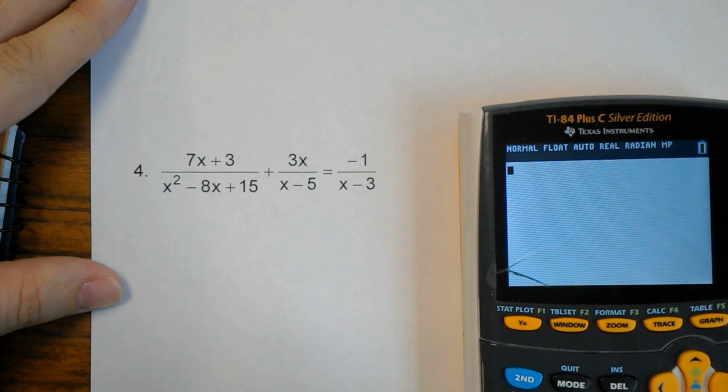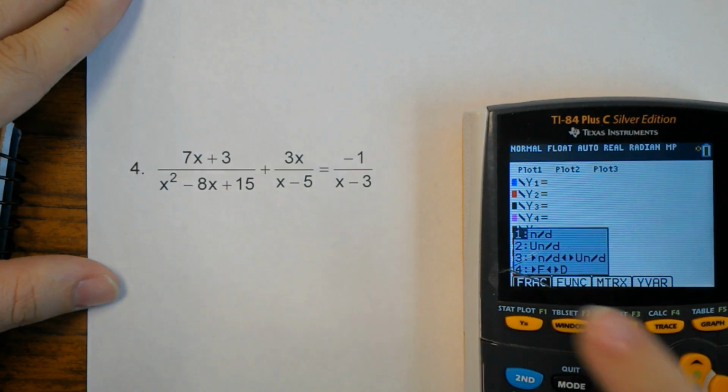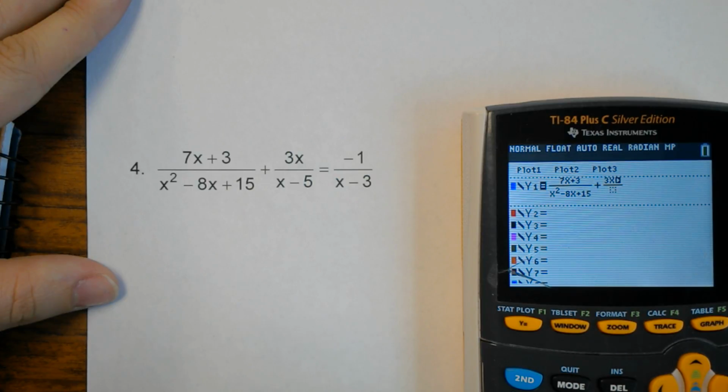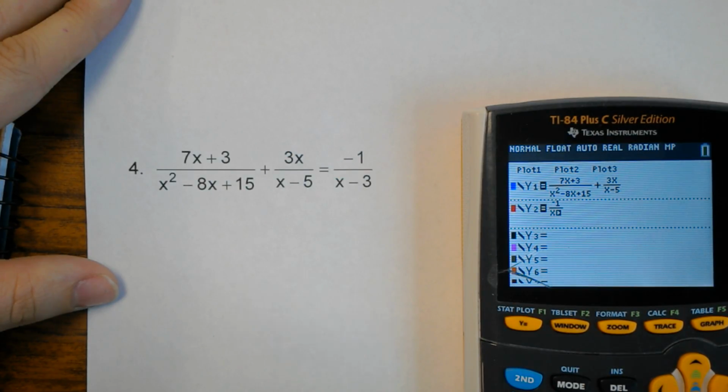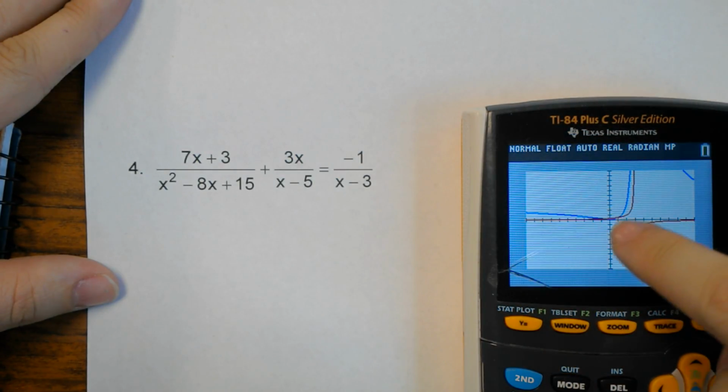So I'm going to see how many other solutions we can get. Yeah, most likely cross somewhere in there.